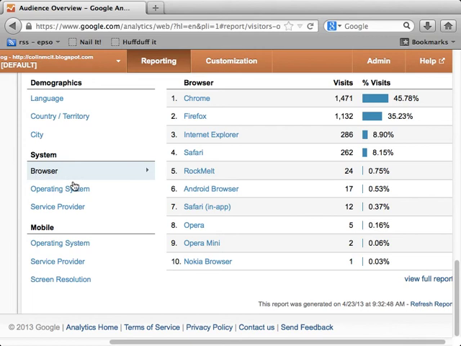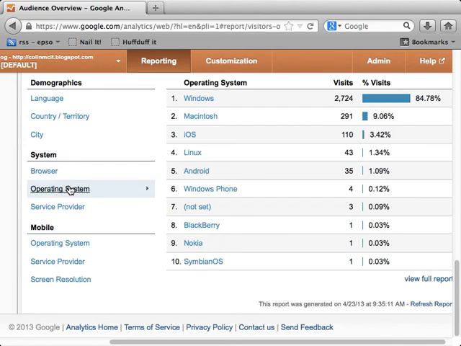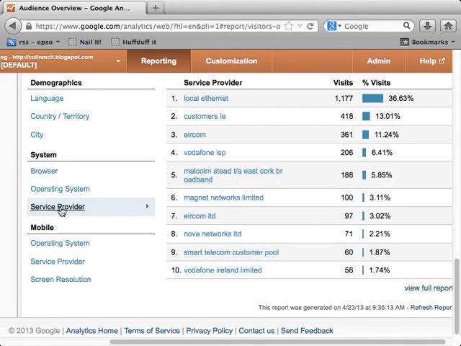Browser, we saw that stuff before. Operating system, we saw that stuff before. Service provider. So 11% of the people on my website are coming from Eircom.